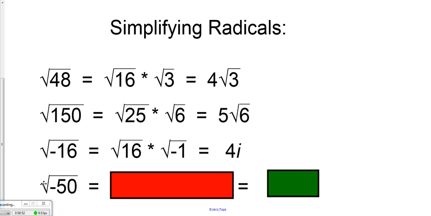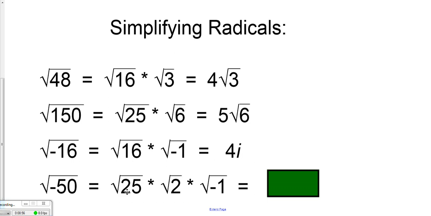Same thing if we have square root of -50, we break it apart into 3 different pieces. Square root of 25, square root of 2, and square root of -1. This negative breaks apart as its own, then 50 breaks into these 2. This is a 5, this has to stay, and this becomes i. So 5 times the square root of 2 times i.